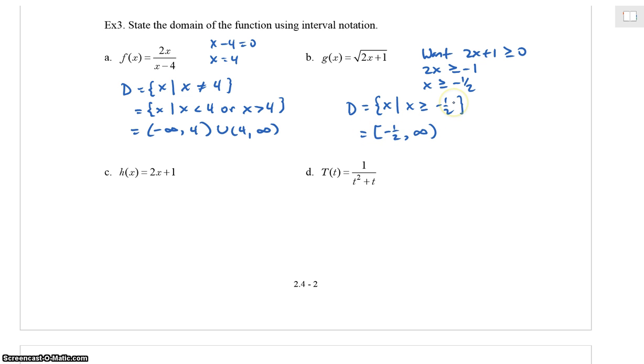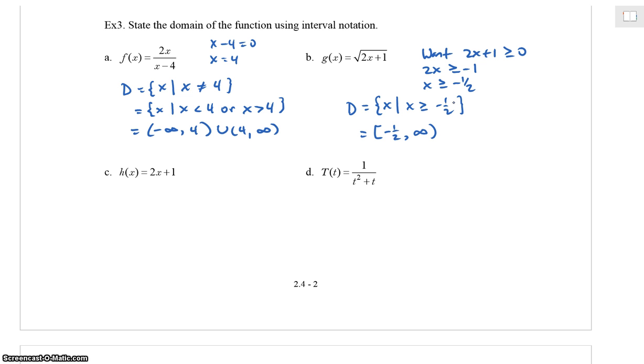The bracket is used with the negative 1/2 to indicate that negative 1/2 is included in the interval. Then the interval extends to the right indefinitely, so we use positive infinity, and with positive infinity we always use a parenthesis.